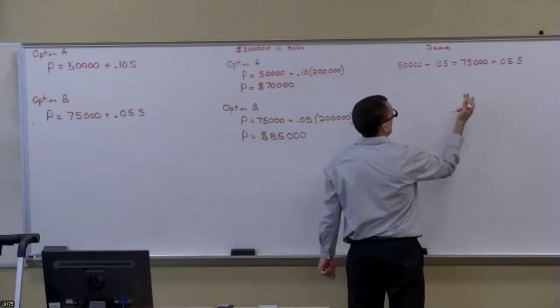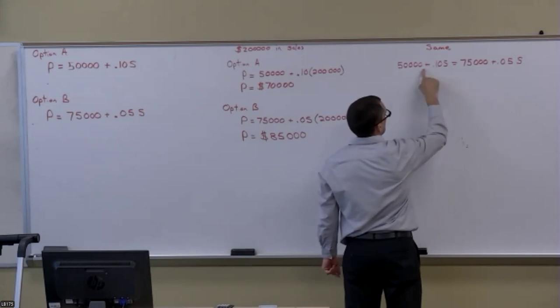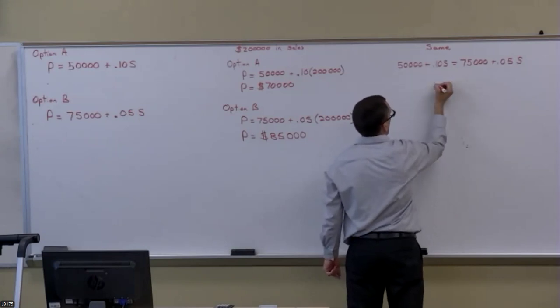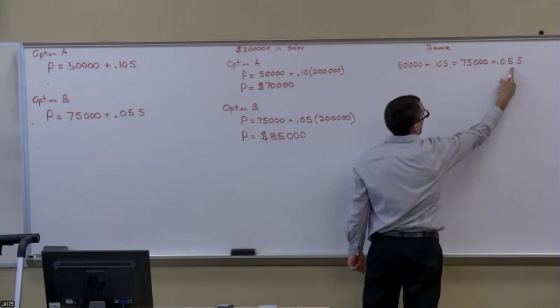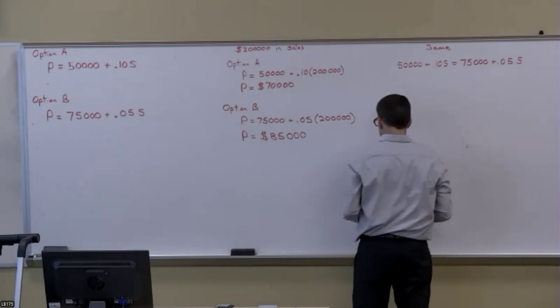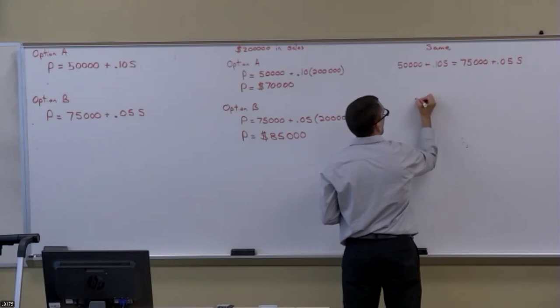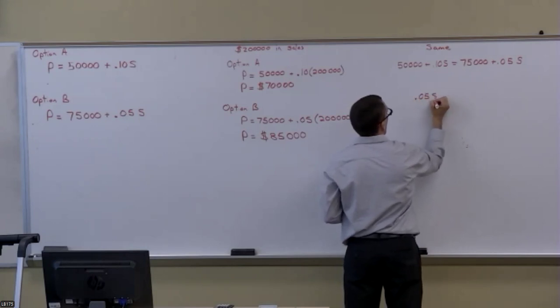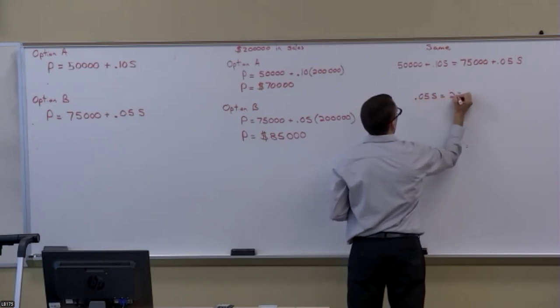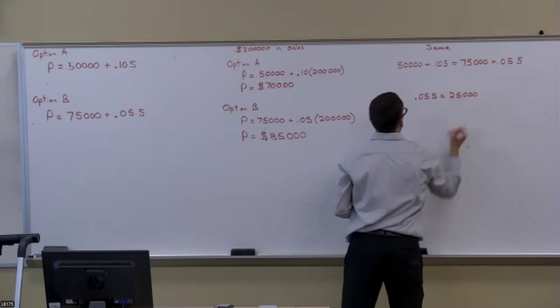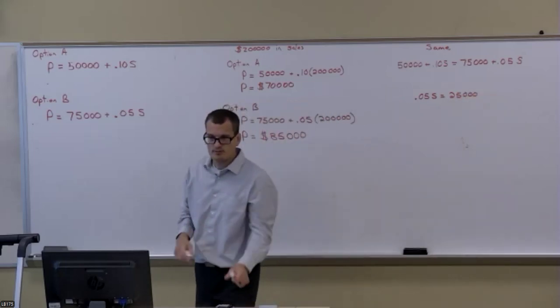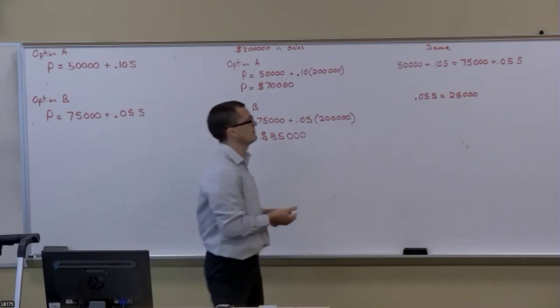And then solve. So what I would do is I'd subtract 50,000 from both sides, and then I'd also subtract 0.05s from both sides. If I did that, I get 0.05s.